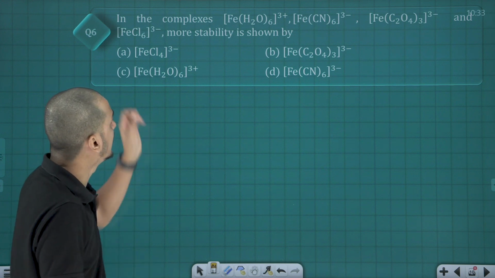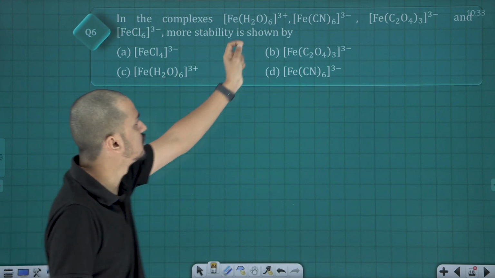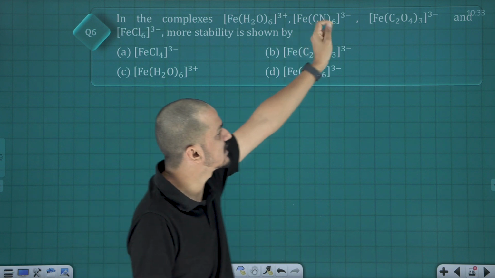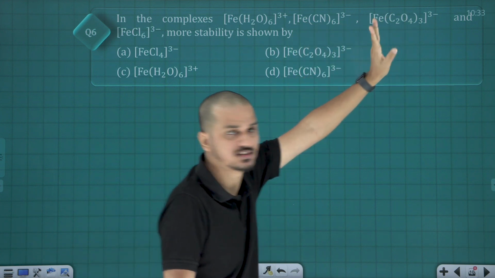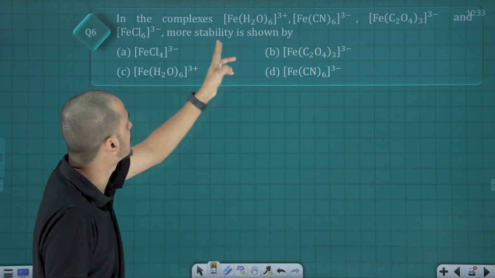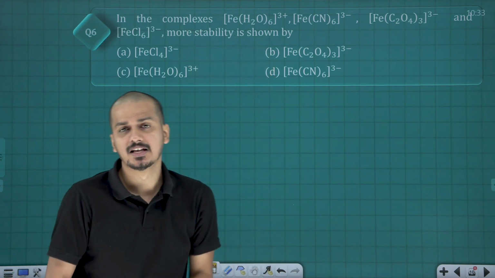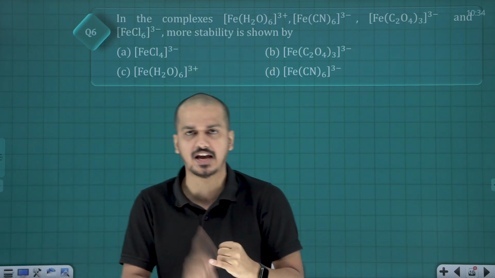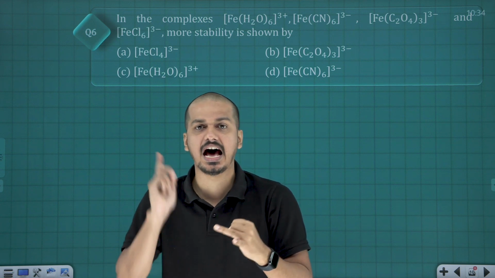What's the question here? In the complexes [Fe(H2O)6]3+, [Fe(CN)6]3-, [Fe(C2O4)3]3-, and [FeCl6]3-, which has more stability? Stability mainly depends on the charge of cation, charge of anion, and chelation.